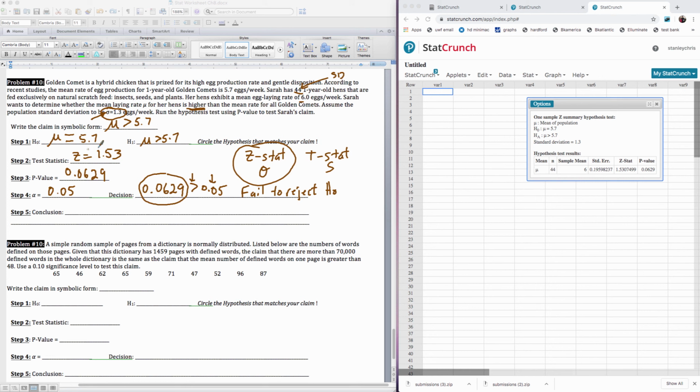Now remember, Sarah wants her average to be bigger than this, but her 6 just wasn't enough.